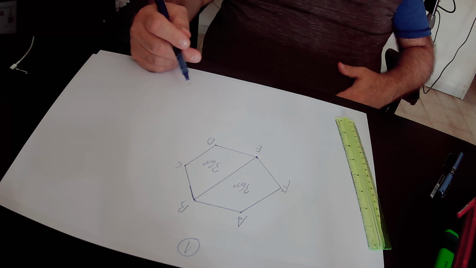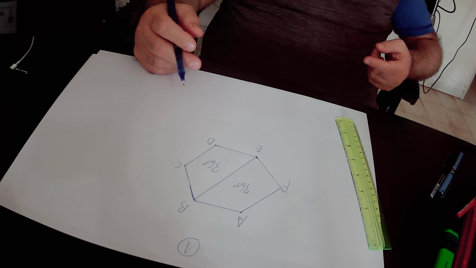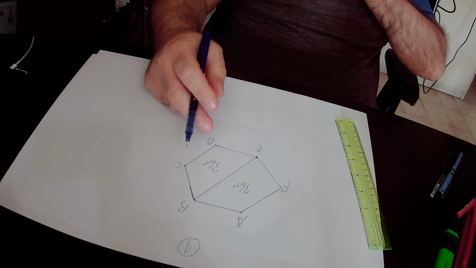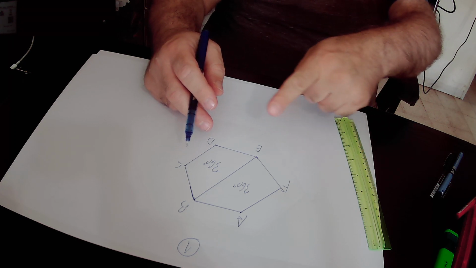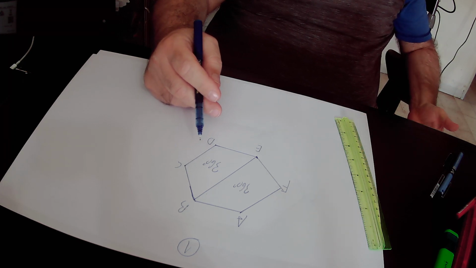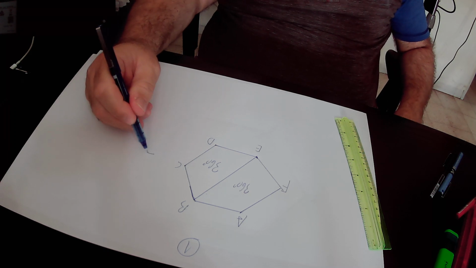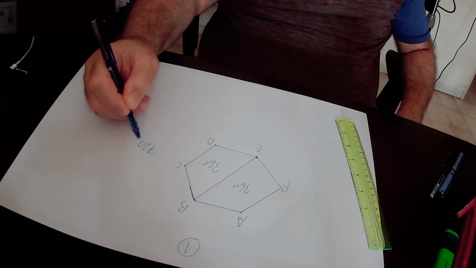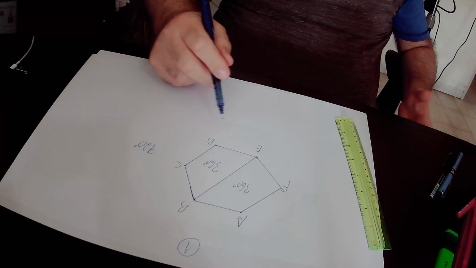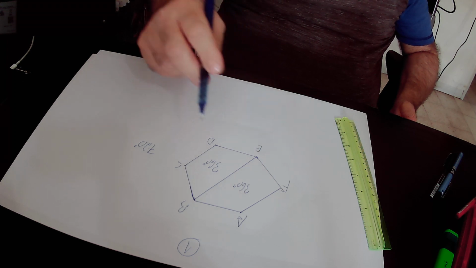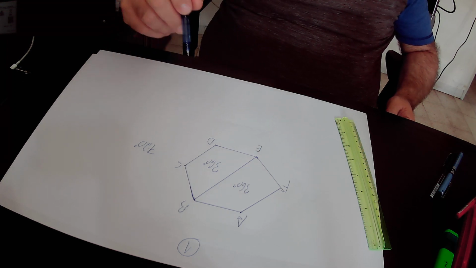And in total, the sum of the angles on both quadrilaterals will be 360 plus 360, that is 720 degrees. Therefore, the sum of the interior angles of this regular hexagon will be equal to 720 degrees.